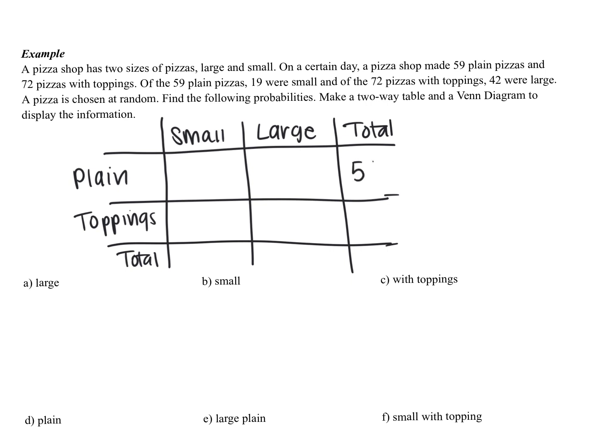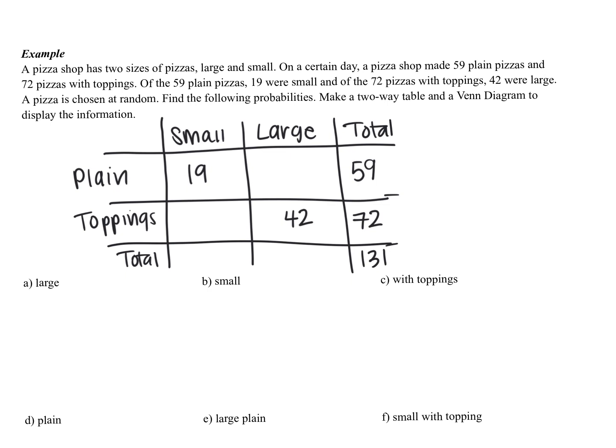So that is my total number of plain pizzas. And they made 72 pizzas with toppings. So those are totals, which then gives me the total number of pizzas made, 131. We know of the 59 plain pizzas, 19 were small. And of the 72 pizzas with toppings, 42 were large.